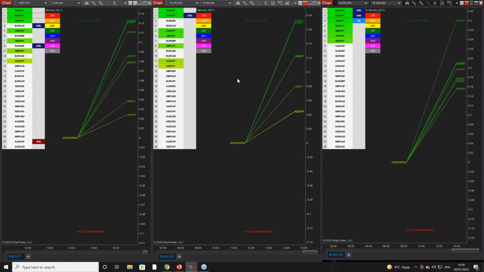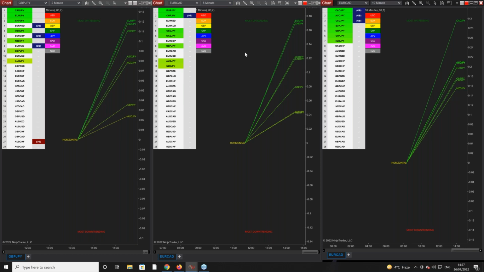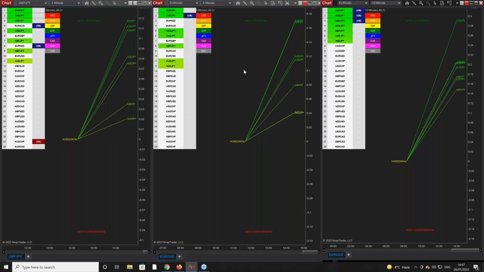Even though you might be looking at this on a 5-minute time horizon, it's giving you a smoothed out perspective over that time horizon. So it's taking out all the lumps and bumps, exactly like the trend monitor does. It takes out those pullbacks, little reversals, little hiccups here and there, and it just smooths the whole thing out.